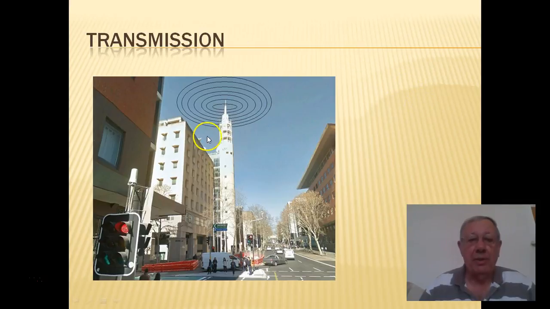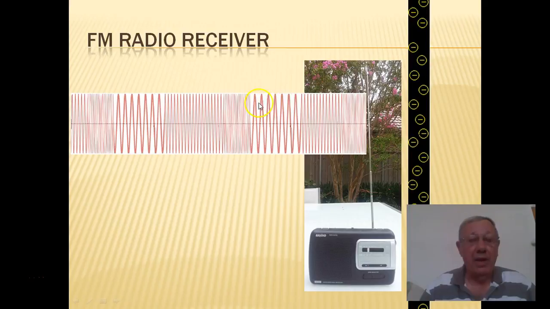Again, that goes to an aerial, which broadcasts these waves, which have this variation in the frequency. When it gets to the aerial, again, an alternating current is generated inside the aerial and goes inside the radio.